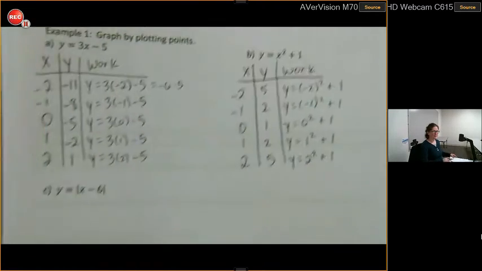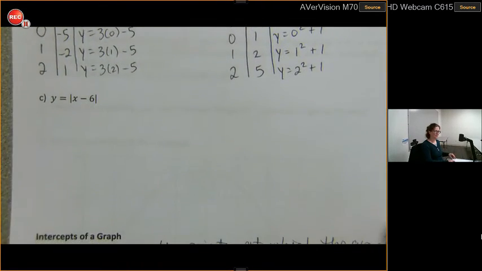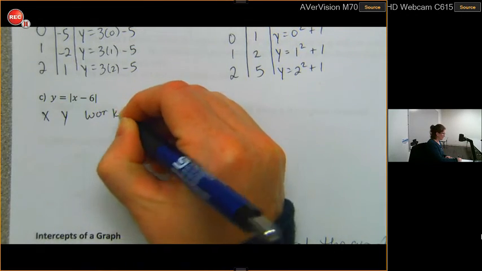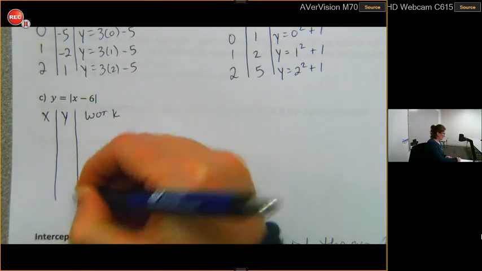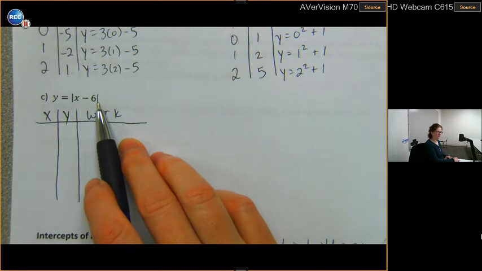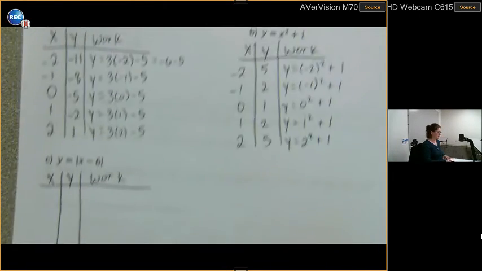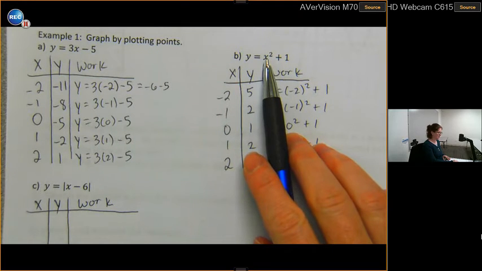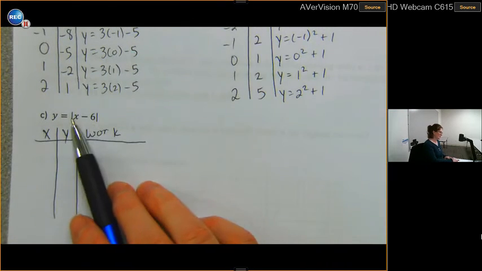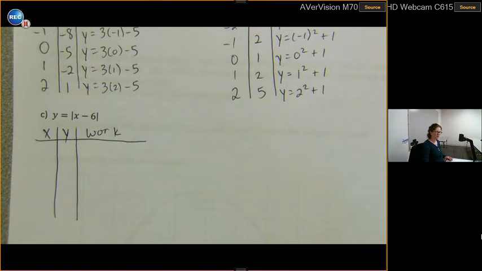Part C, so this time we have an absolute value. And anytime I have absolute value, or if I had parentheses up here on letter B, like parentheses with the squared on the outside, anytime you have that type of grouping symbol, you want to use the number that's inside the grouping to help you pick your x values.